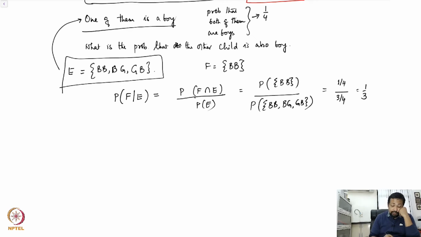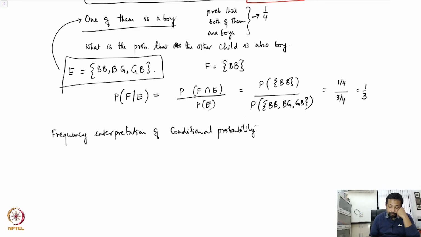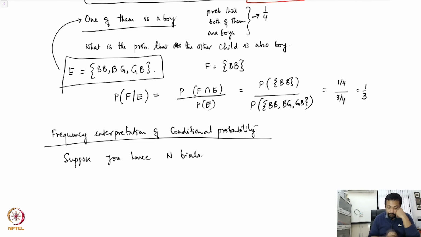So one can of course write down a frequency interpretation of conditional probability. Suppose you have n trials, right?